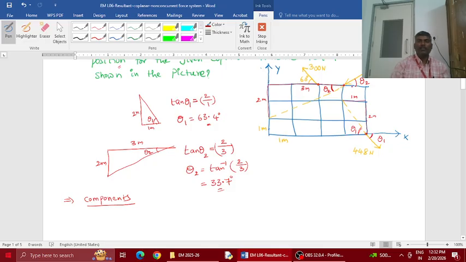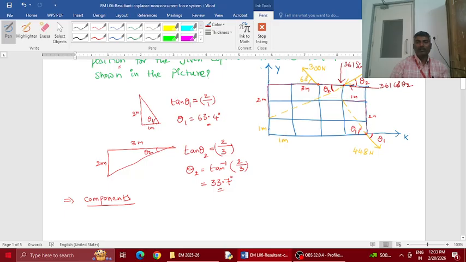See here, this is a horizontal component of 361 and a vertical component of 361, which is 361 cos theta 2 and 361 sin theta 2.